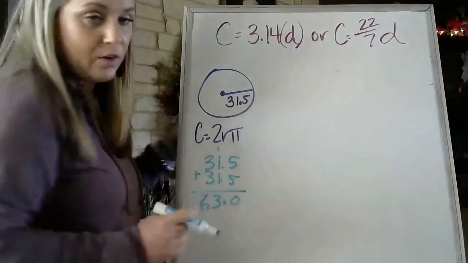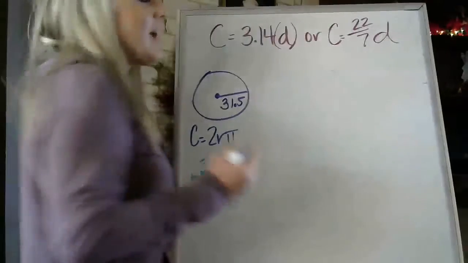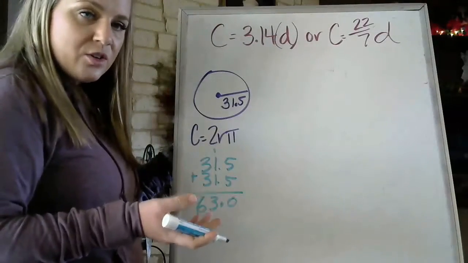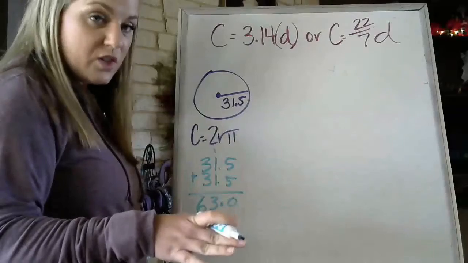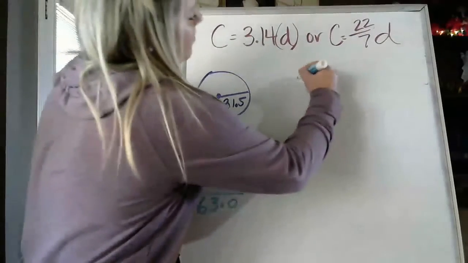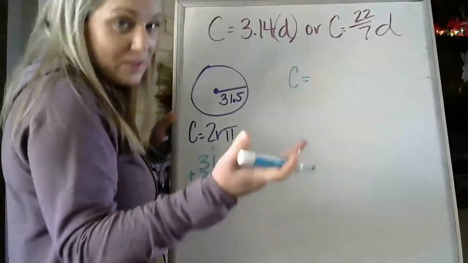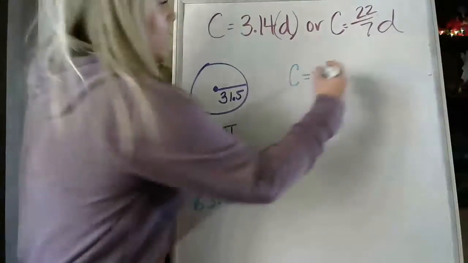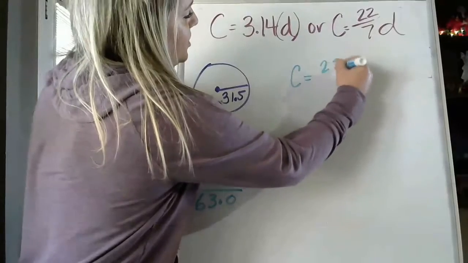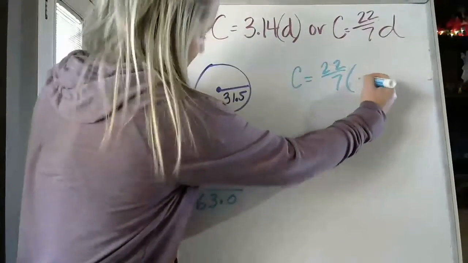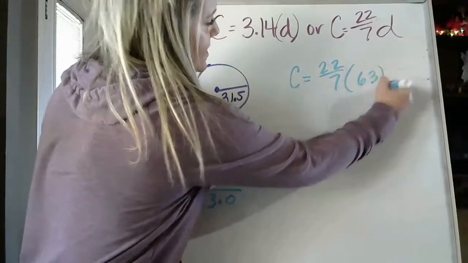I was doing multiplication. So this time, just to even it out, I'm going to do 22 over 7 instead of the decimal, because 22 over 7 is pi. So we're going to do 22 over 7 times the diameter, 63.